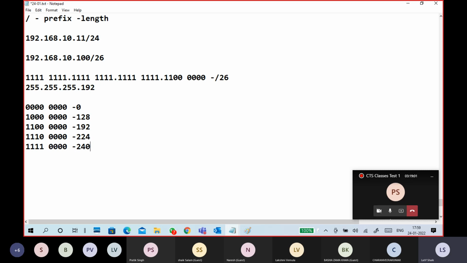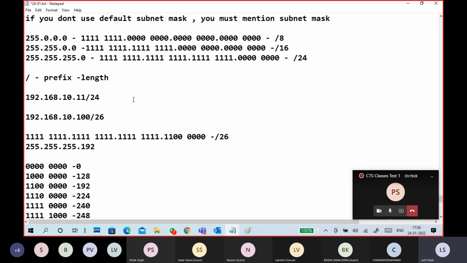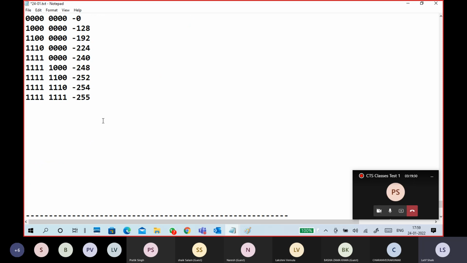So 240. Then 248. You have to convert into decimal format and you will understand the values. 252, 254, 255. Okay, so this is the equivalent. Whenever you see these, you can understand from here.